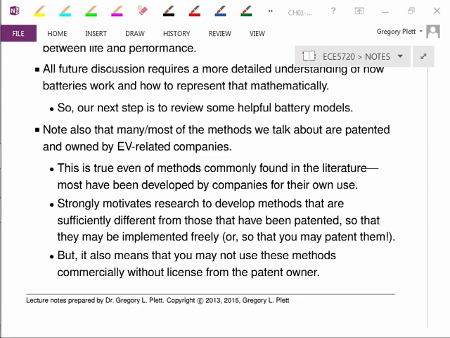So I have to say something that's kind of a little bit weak, like I'm teaching you this for educational purposes only. That's not entirely true, but you do have to be careful in what you do take from this course. And what I hope you take from this course is not a set of recipes or cookbook procedures for how to implement these algorithms, because those are patented and that's not going to work for you.